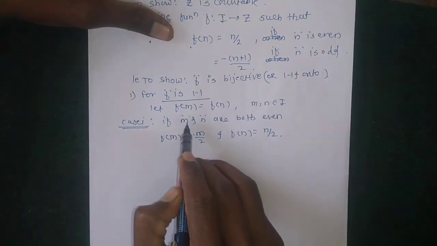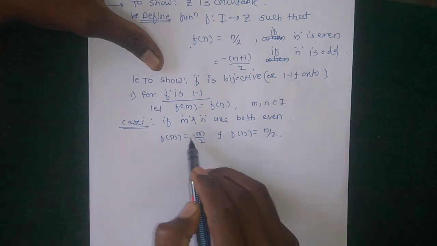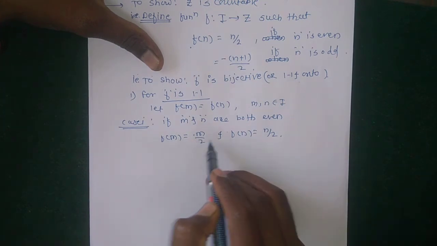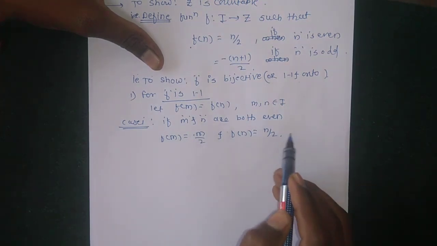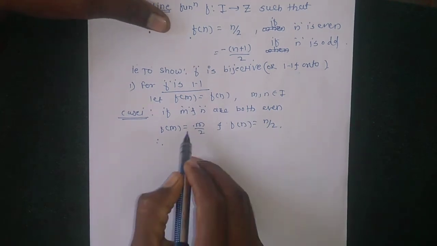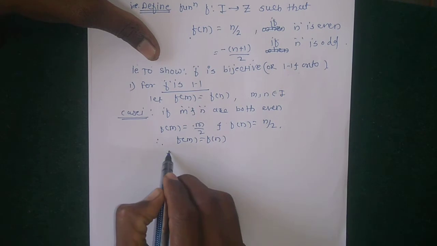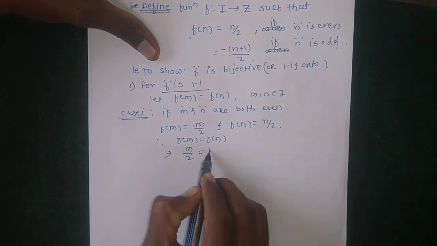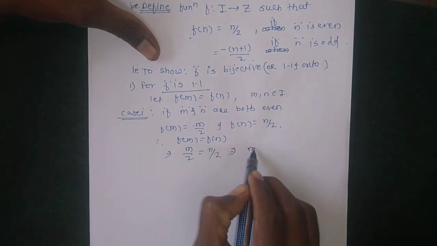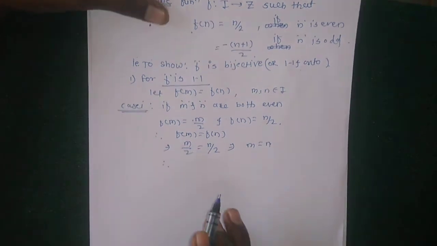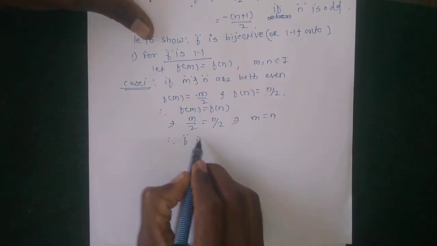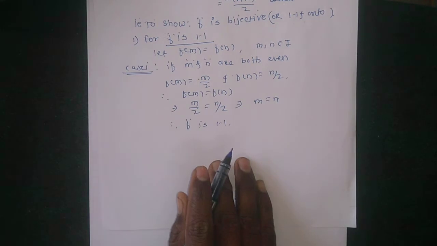So f of m is equal to f of n, which implies that m by 2 is equal to n by 2, which implies that m is equal to n. Therefore f is one-one. This is the first case.